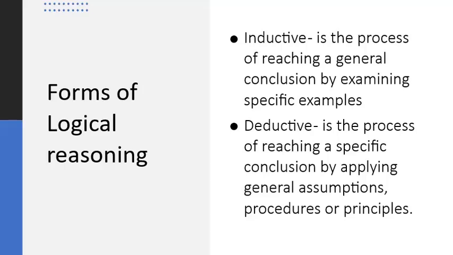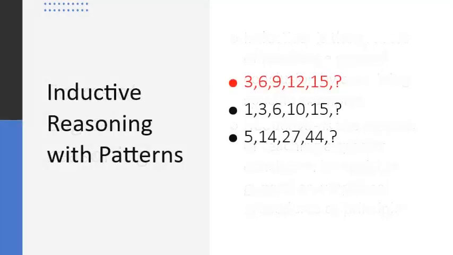Inductive is from a specific given to a general conclusion, while deductive starts from a given general statement to a specific conclusion. In this section, let's consider some problems that involve inductive and deductive reasoning, and let's see how we can use Polya's method to aid us in solving problems.